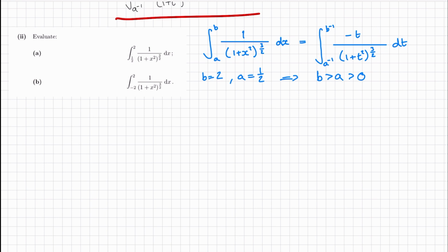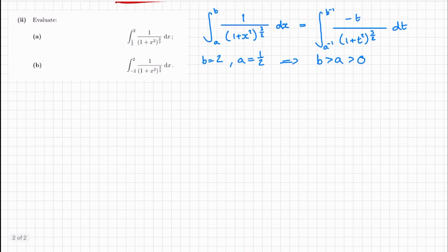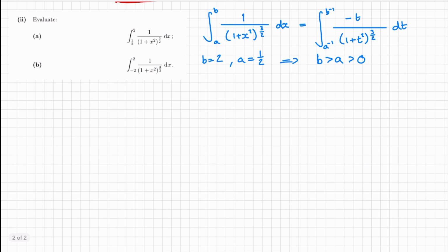So let's actually answer this question, noting that before we actually worked out what this was, and it ends up being (1 plus t squared) to the negative a half evaluated at these values.